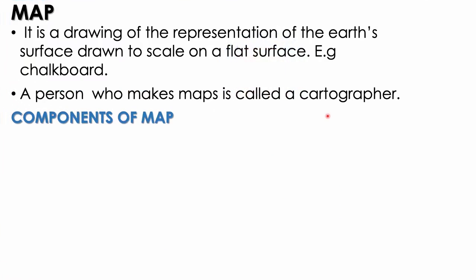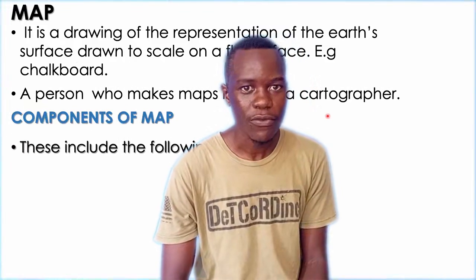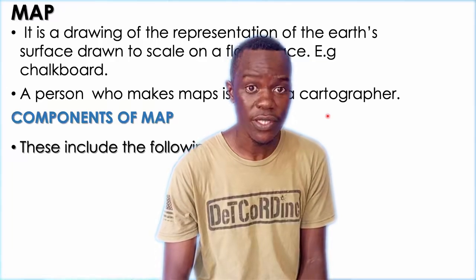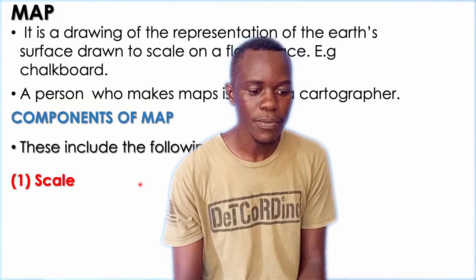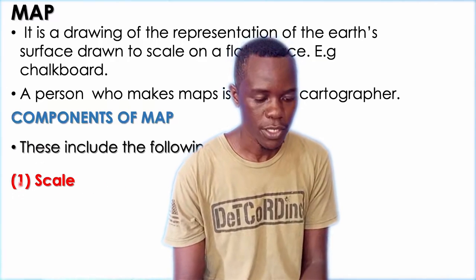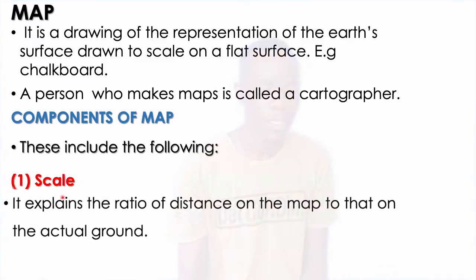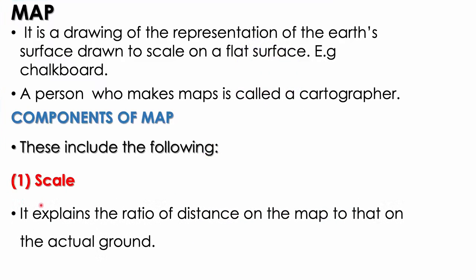Now, let's proceed by looking at the components of a map. In other words, we're trying to look at the parts of a map. There are several components of maps, and these include the following. The first component is a scale. A scale explains the ratio of the distance on the map to that on the actual ground.